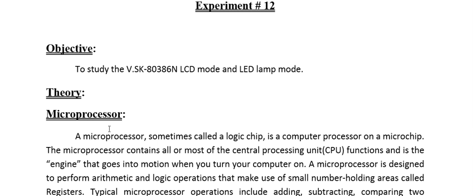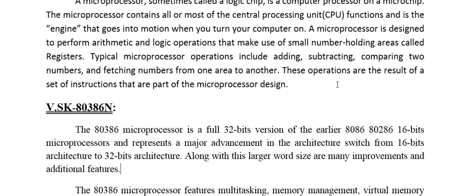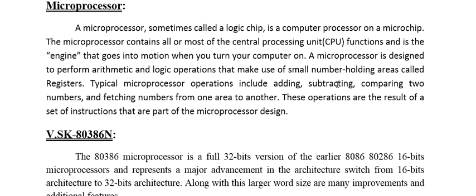So let's start with the explanation of the microprocessor. A microprocessor is sometimes called a logic chip. It is a computer processor on a microchip. The microprocessor contains all or most of the central processing unit functions, and it is the engine that goes into motion when you turn your computer on.